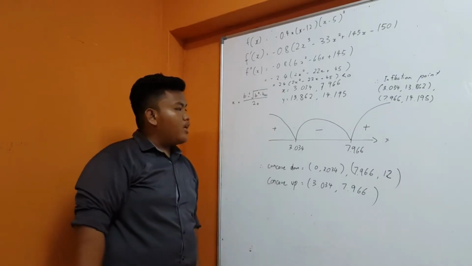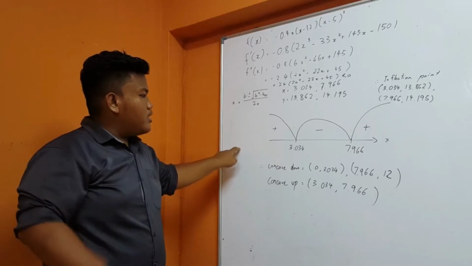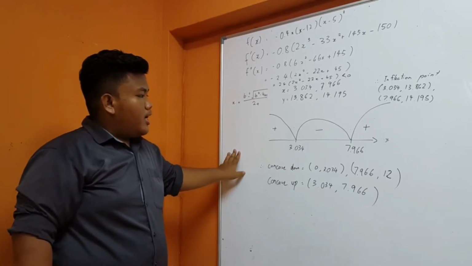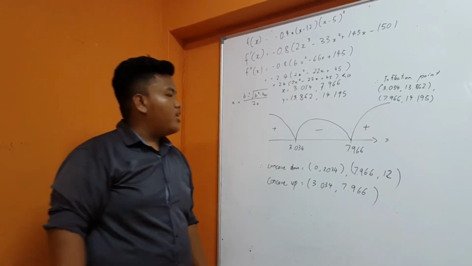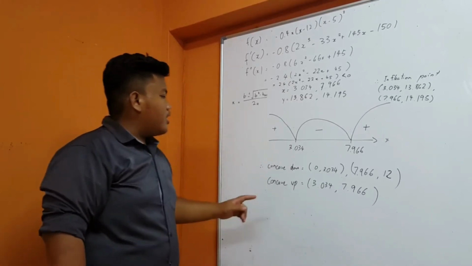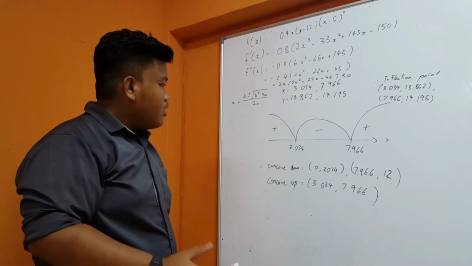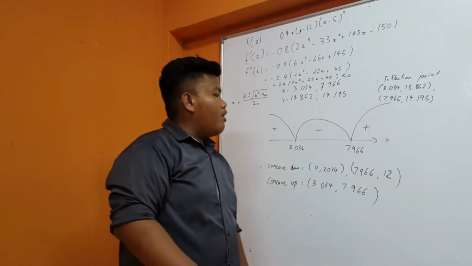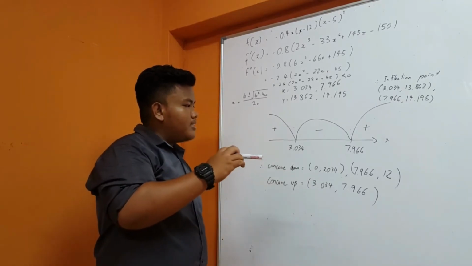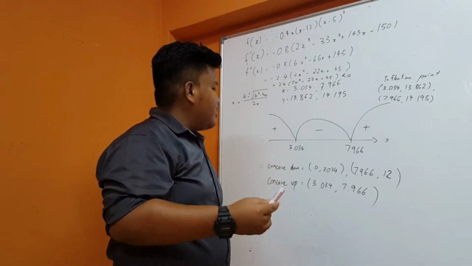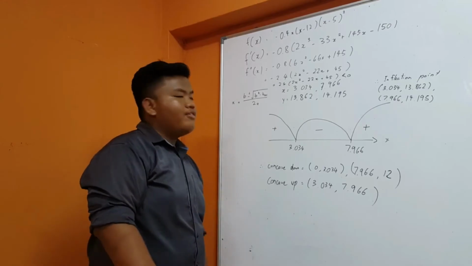When we substitute a value of x between 3.034 and 7.966, we got a negative value, which means that the graph is concave up. When we substitute a value of x larger than 7.966, we got a positive value, which means that the graph is concave down.